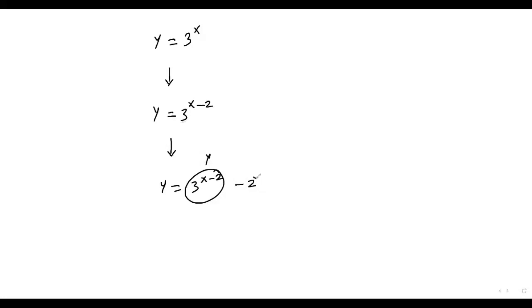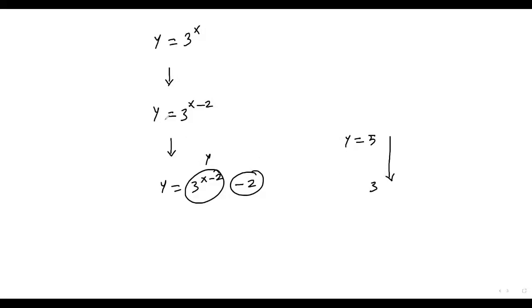Here we subtract 2 from y, so we have to shift the graph 2 units down. For example, if y is equal to 5 and I subtract 2 from y, it will become 3. So the graph is shifted 2 units down.